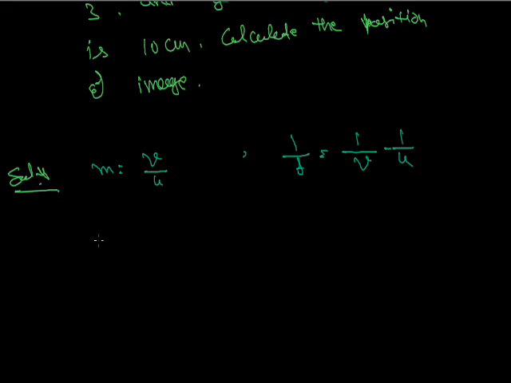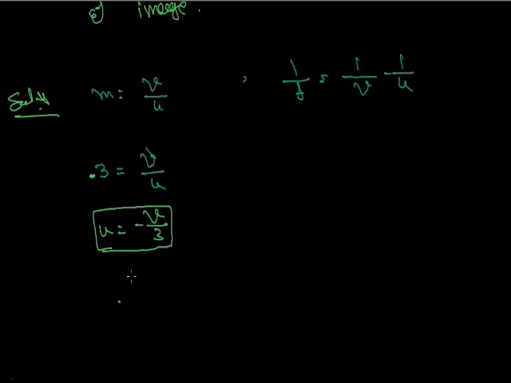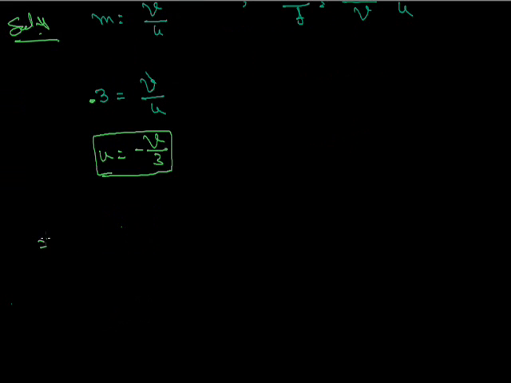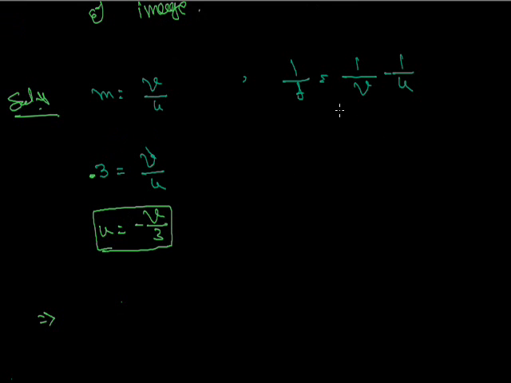So we can write 3 is equal to v by u, and as this is a convex lens with a real image, the magnification will be negative. So u will become minus v by 3. Now put the value of u in our basic formula.